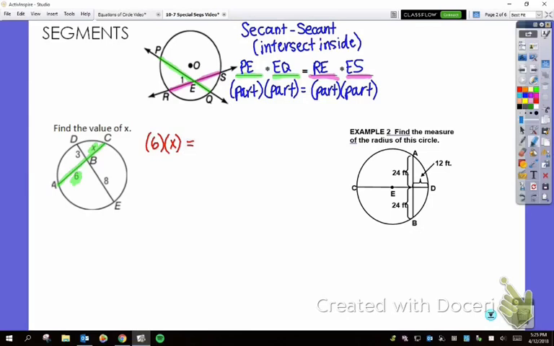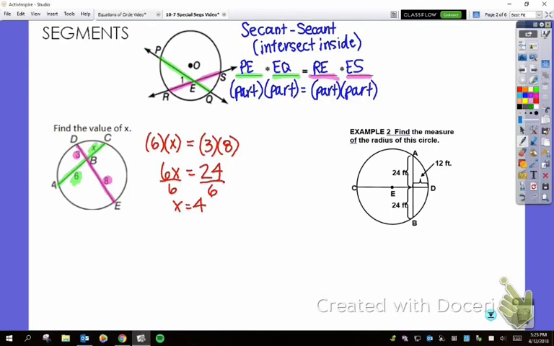Then we look at the other line, from D to E. One of our pieces from D to B is 3, and from B to E is 8. So on the other side we have 3 times 8. Then you are just multiplying: 6 times X is 6X, 3 times 8 is 24, divide by 6, and we end up with X equals 4.